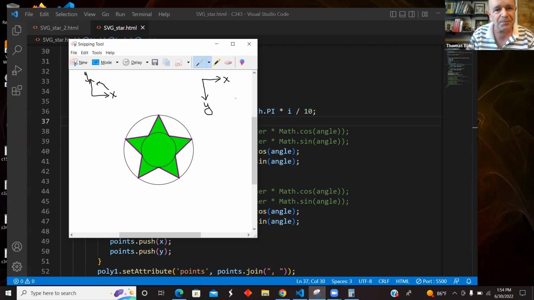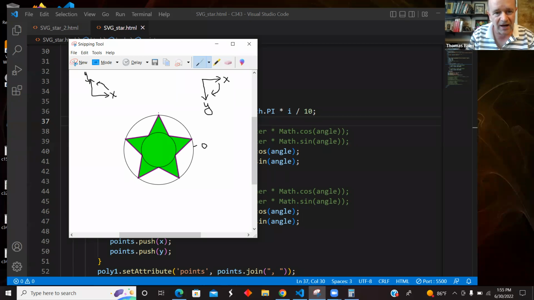And so as you work your way around in angles, you are going clockwise. Here, at all X and no Y, that's where 0 is in terms of angles.